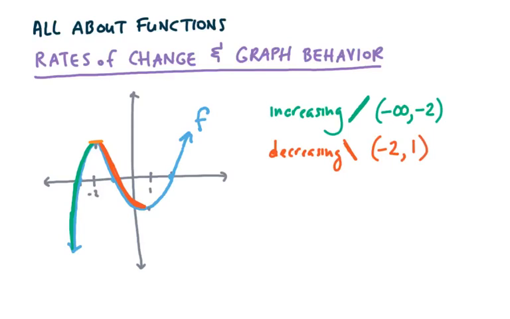So that's an interval of x values over which the function has a negative slope. Then again, at 1 for a split second, that slope is actually 0. So it would be mirrored by a flat line. And then you can see the graph turns around and again goes back to positive.